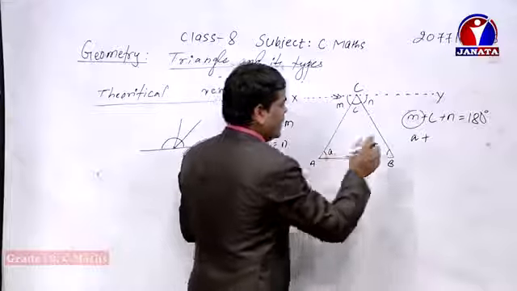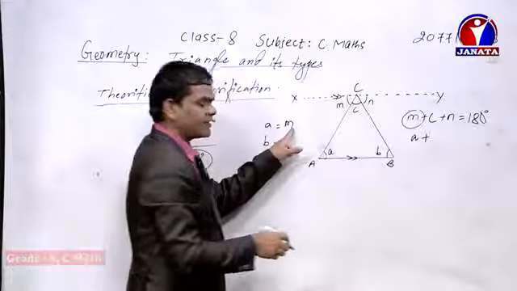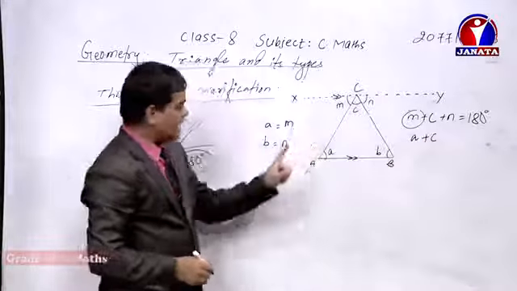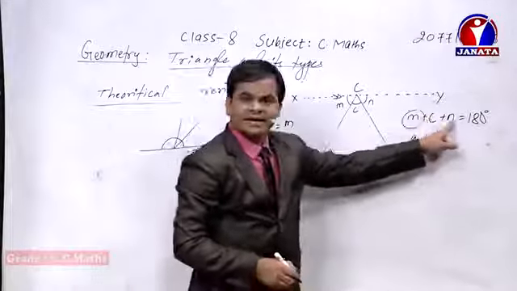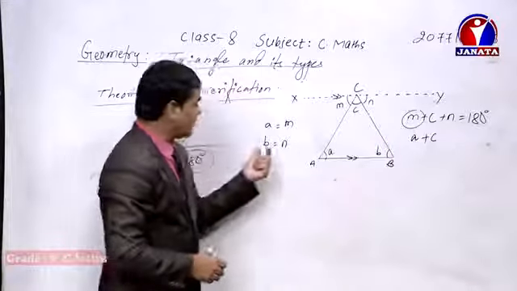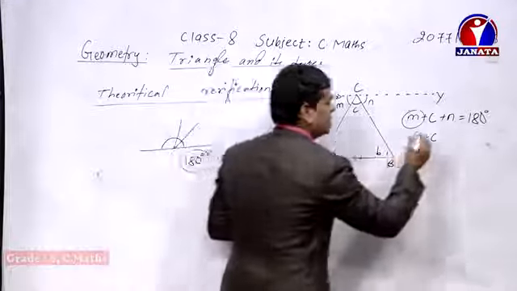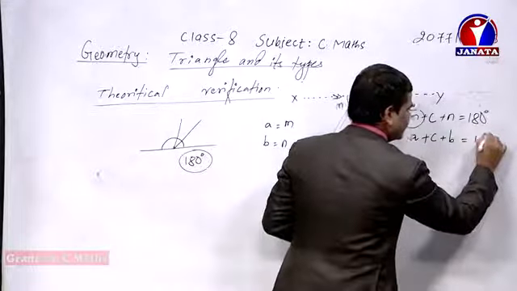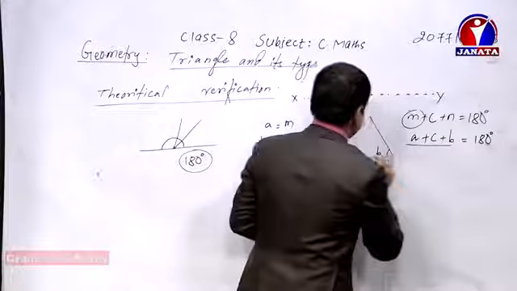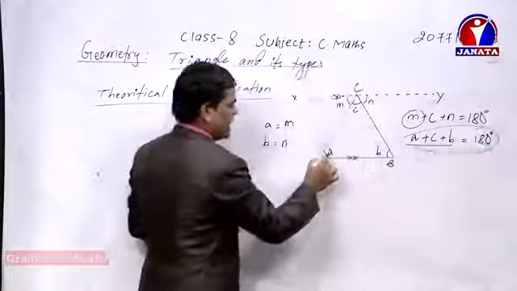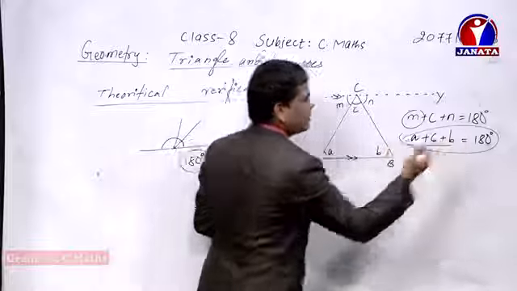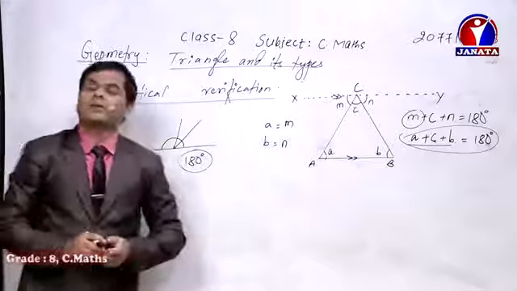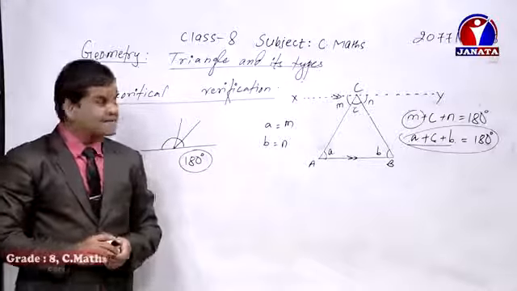Now look here, dear student, in the place of M we can write A because they are equal, angle C stays the same, and in the place of N, which is equal to angle B, we can replace N with B. Now their sum is already 180 degrees, so angle A plus angle B plus angle C, their sum is 180 degrees. So this is the way of verifying theoretically that the sum of angles of a triangle becomes 180 degrees.